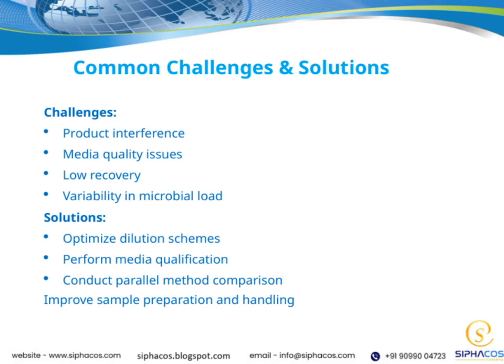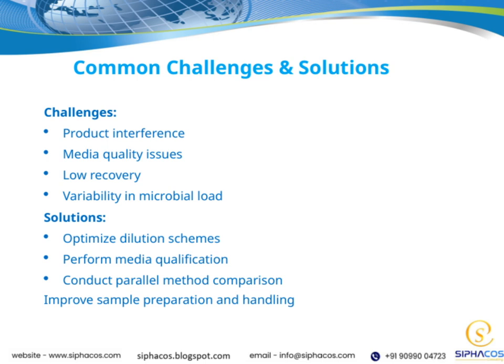Now, let's talk about some of the common challenges we face in microbial testing. One major issue is product interference, which can make it difficult to accurately assess microbial presence because components of the product itself can inhibit or mask detection. Media quality issues are another concern, as using subpar media can lead to inconsistent or unreliable results.